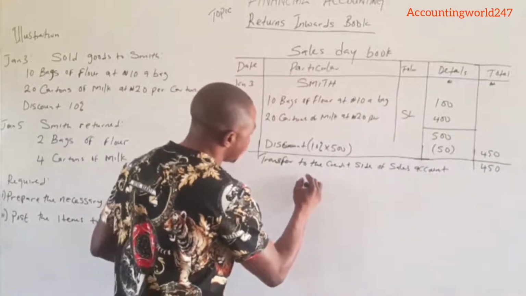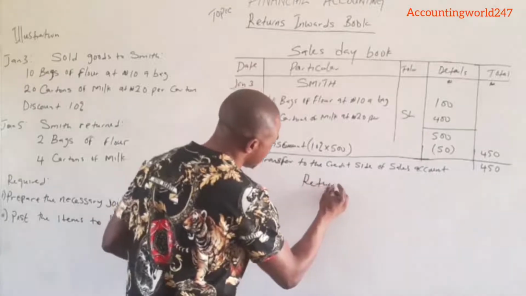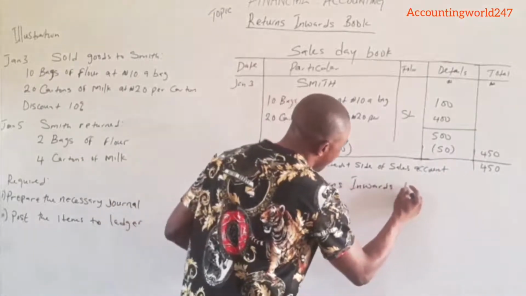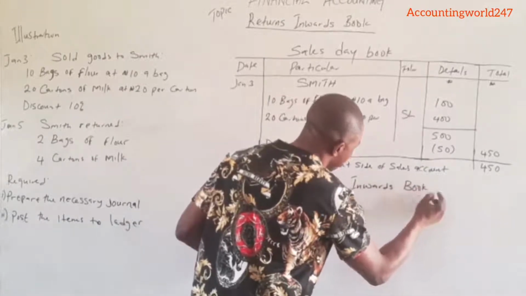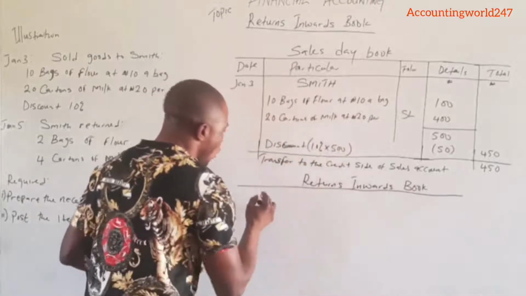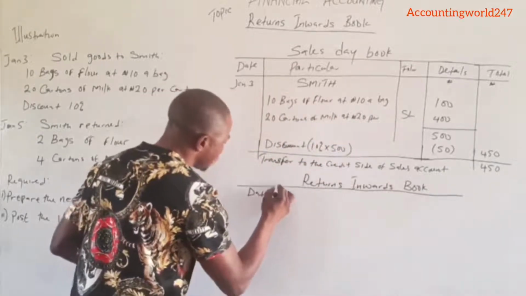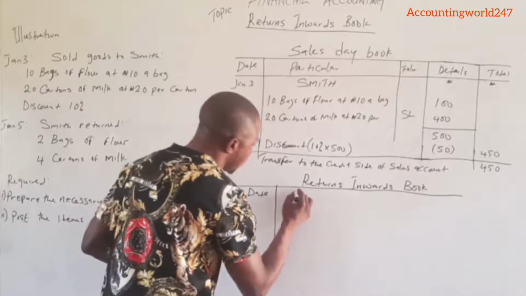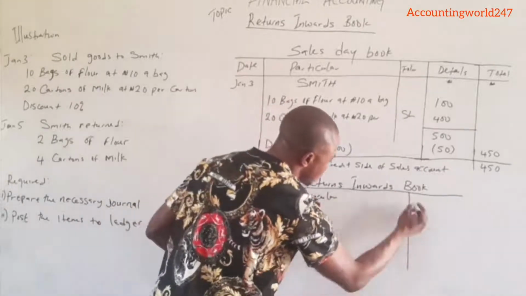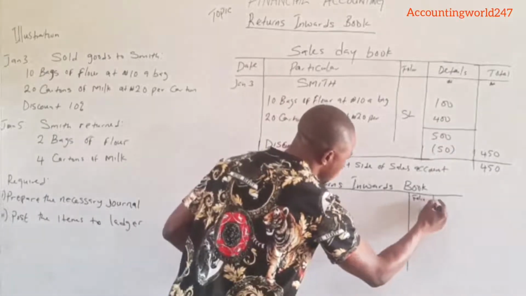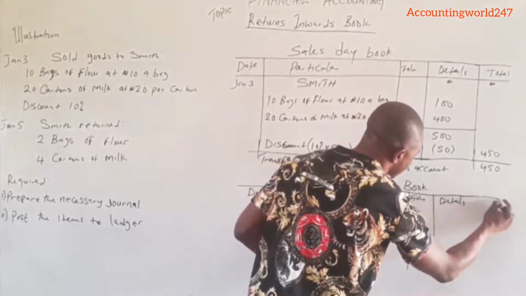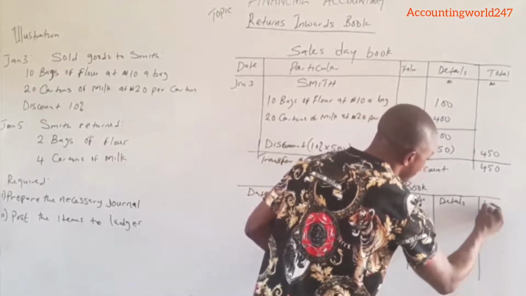So we're going to have the returns inwards book. Now, when we look at this, we need the date as well, the particular, the folio, the details, and the total.